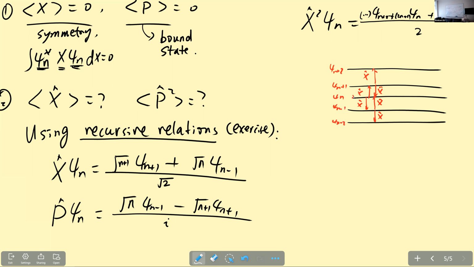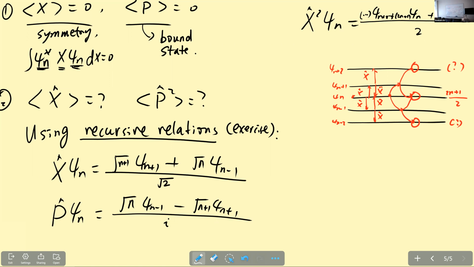Starting from this state, you go up, and then up or down, or you go down, and then up or down. So you're left with this one, or this one, or this one. The coefficient for this one is 2m plus 1. The others are something I'd like you to derive.